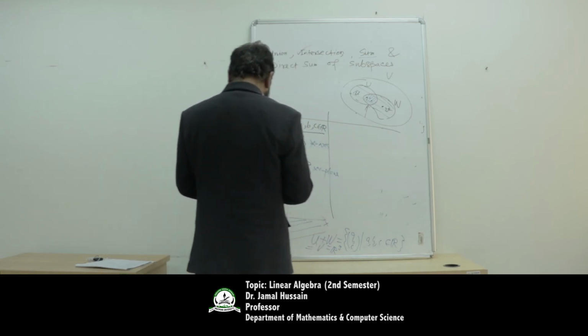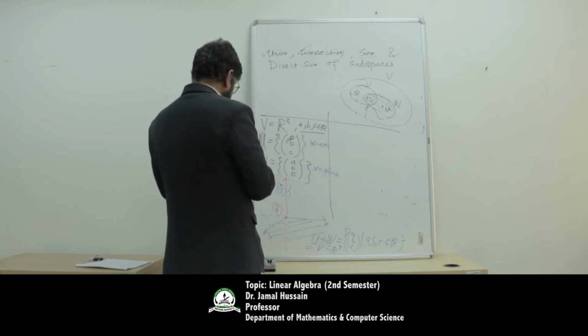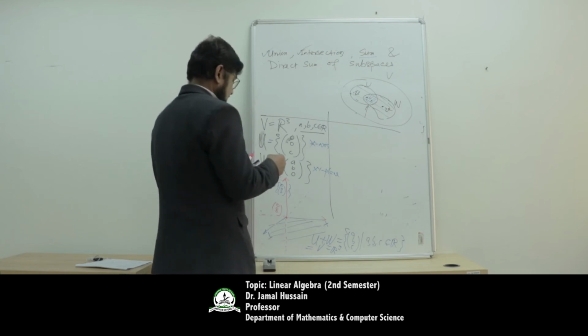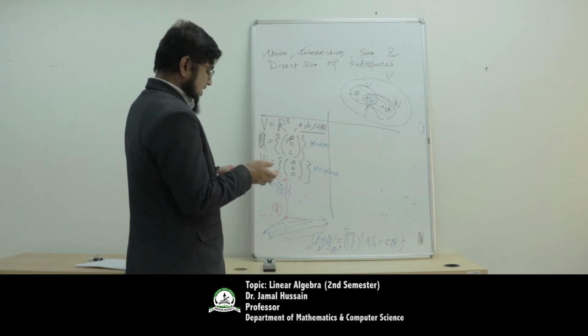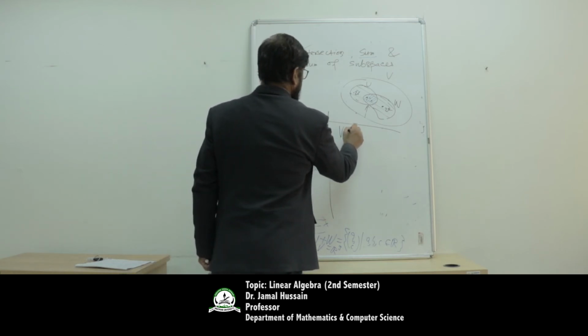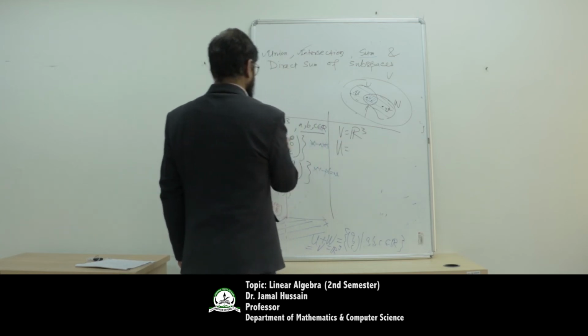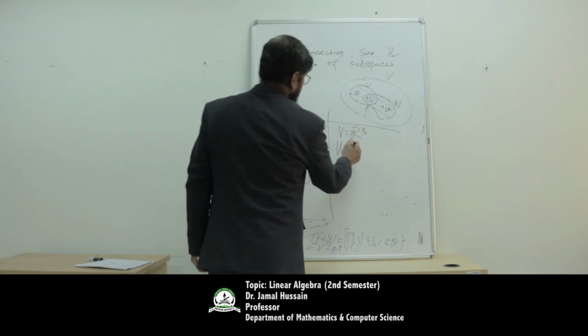But let us consider another example to distinguish between these two cases: what is the sum of two vector spaces and what is the direct sum. So, another example, let us consider the same V equal to R cube, but this time U, I am using the same notation, but they are different.